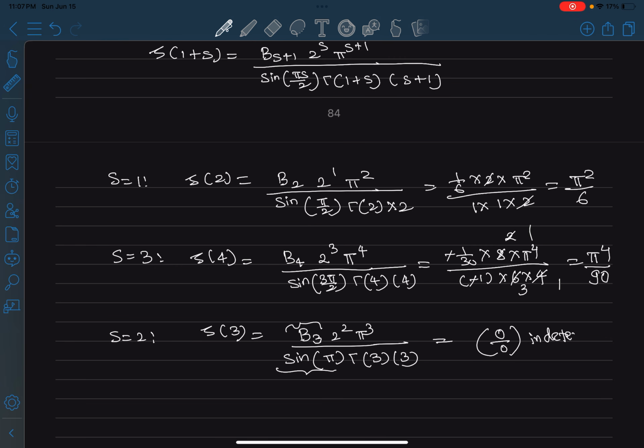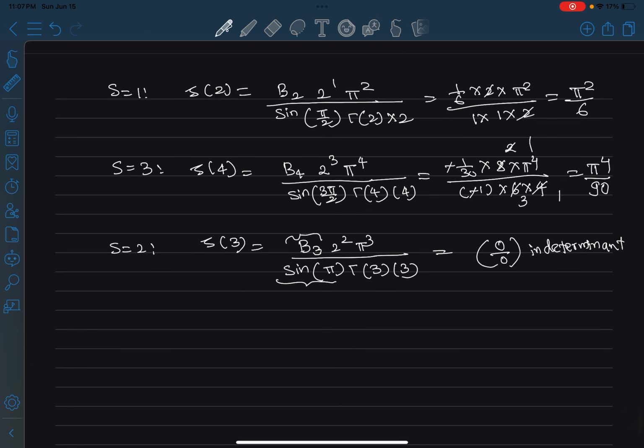Which is an indeterminate form. And that's why, if you want to use, let's say, L'Hopital's rule, you now need to take a derivative. So now the problem becomes like this: you actually want to find a limit instead of the actual value.